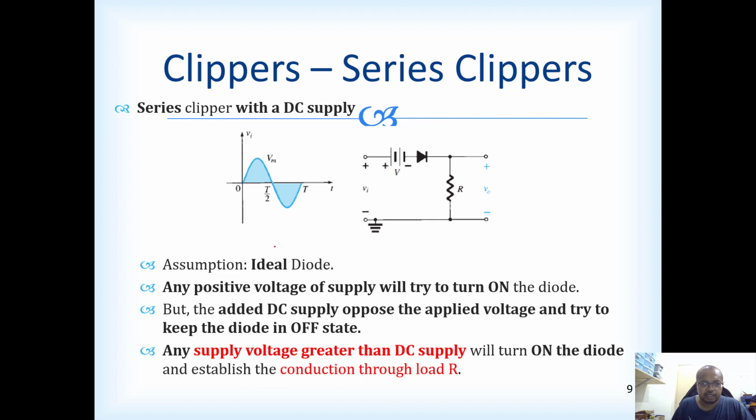In this case, a series clipper with DC supply, you assume an ideal diode. But in your assessment, test or exams, you need to check whether the questions are referring to an ideal diode, or whether it says to assume a silicon diode or germanium or whatever. If it's assumed silicon diode, it's 0.7 volts.